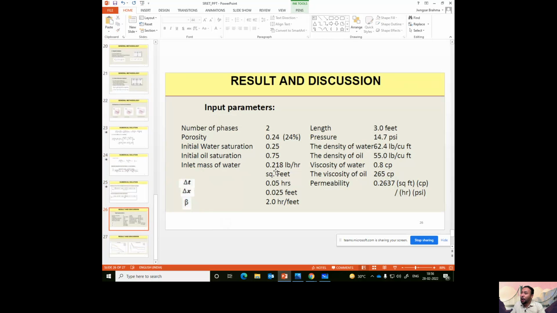Now, you may ask how we are taking all these things. We took these values because they were calculated experimentally and are already published. So we took the help of these publications to impose the boundary conditions and initial conditions. Hence, we can find the pressure distribution and water saturation distribution with respect to length.